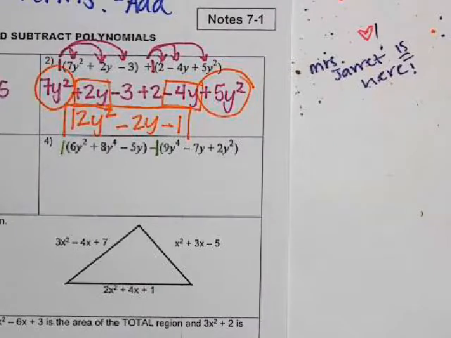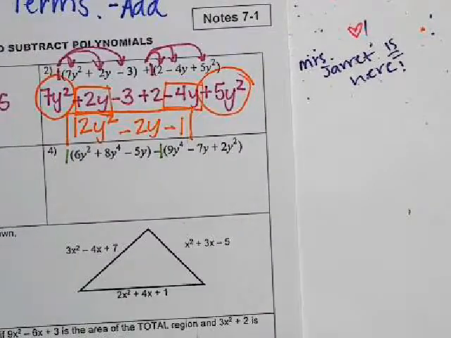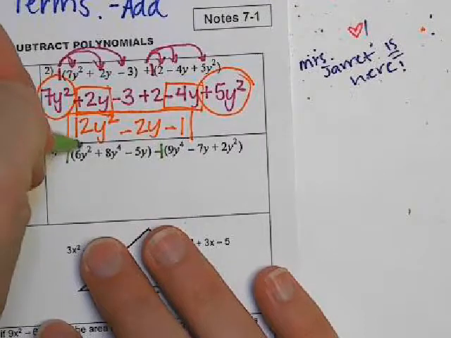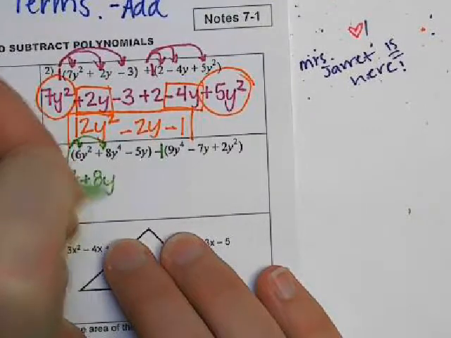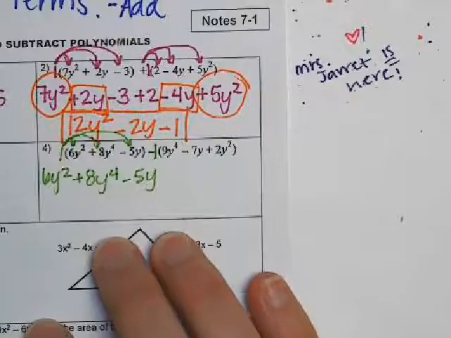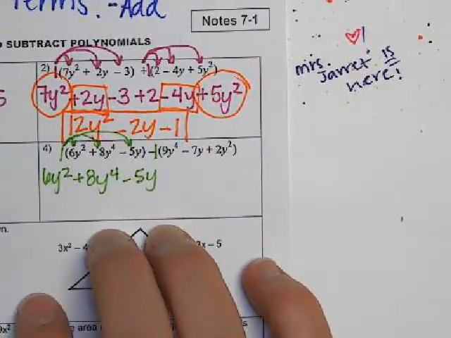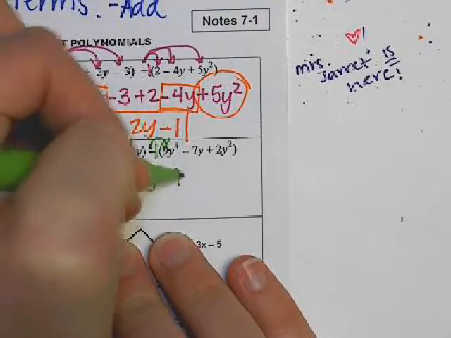So you should be distributing a 1 and then a negative 1. Does anything change on the first set of parentheses? No, because it's a positive 1. What about the second set? What changes? The signs.